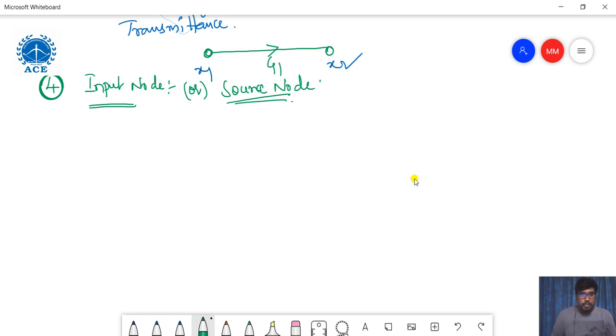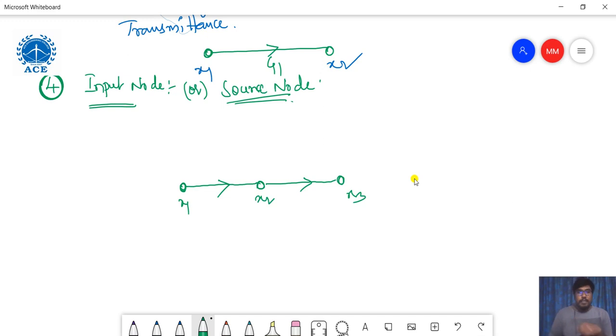For example, this is my SFG. I am writing 3 nodes here, x1, x2, x3. One branch is moving from x1 to x2, another one is moving from x2 to x3. This is a mixed node, I can say, because it contains incoming branches as well as outgoing branches.